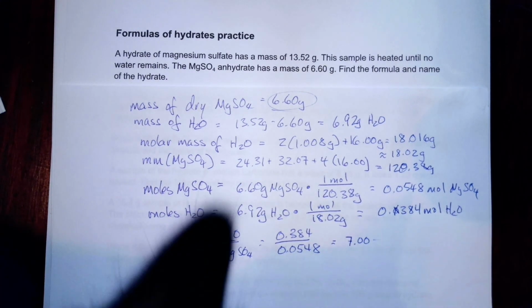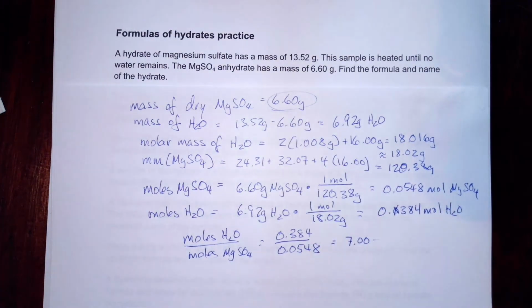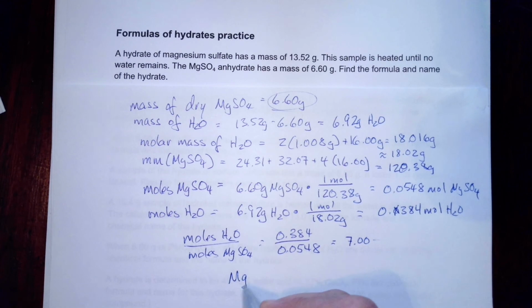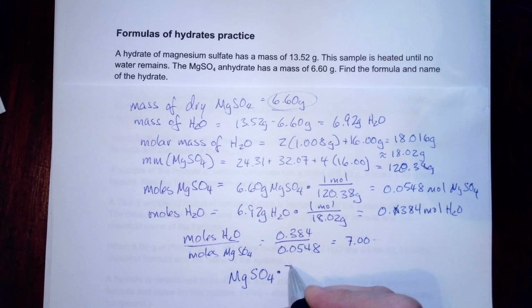So our formula must be MgSO4, and we put a dot in our coordination number that we found, 7H2O.